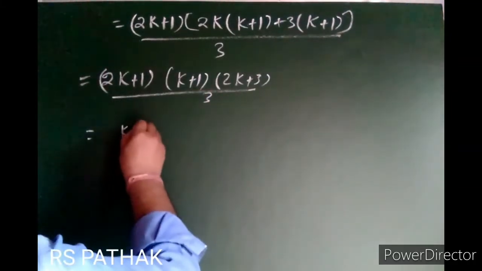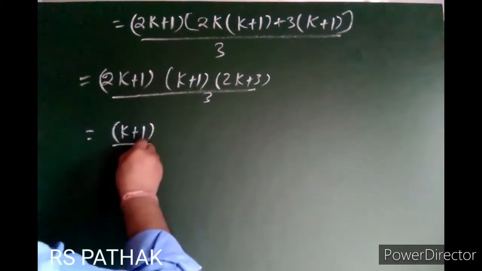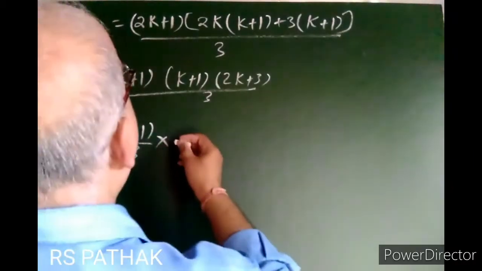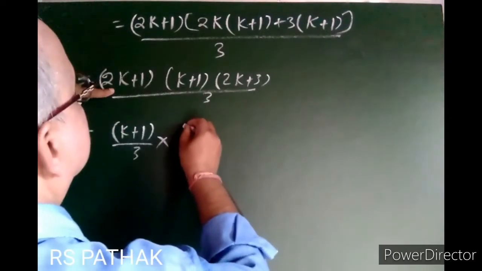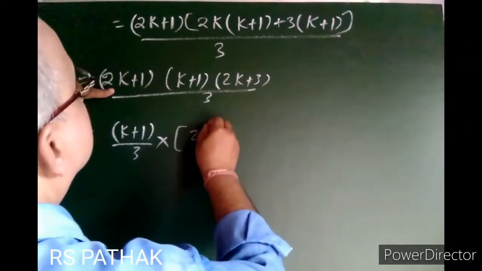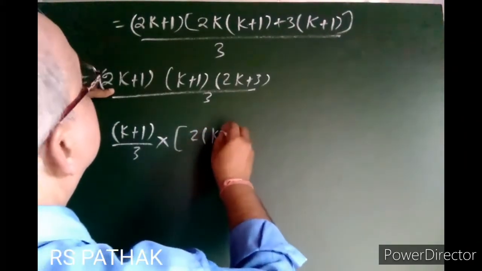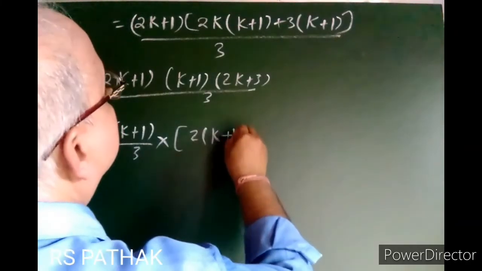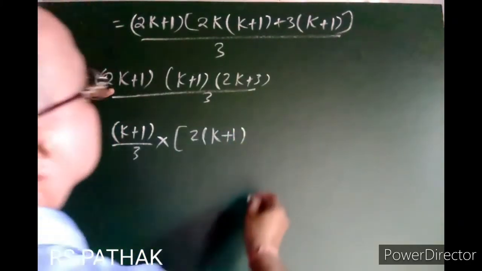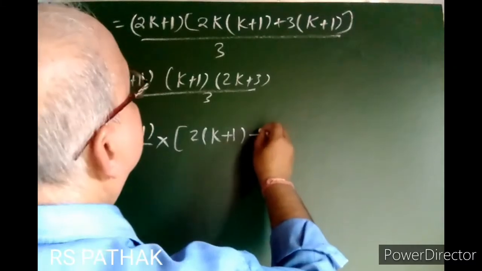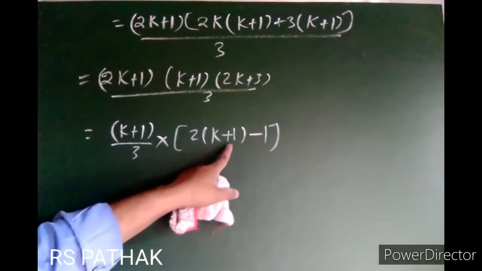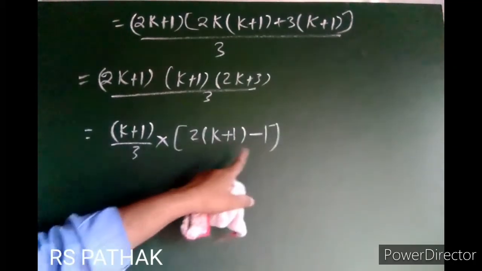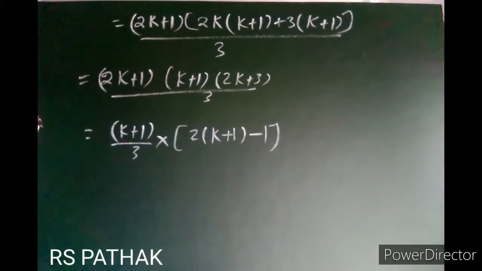Here, (k plus 1) upon 3. 2k plus 1 can be written as 2 times (k plus 1) minus 1, that is 2k plus 2 minus 1, which will be 2k plus 1.